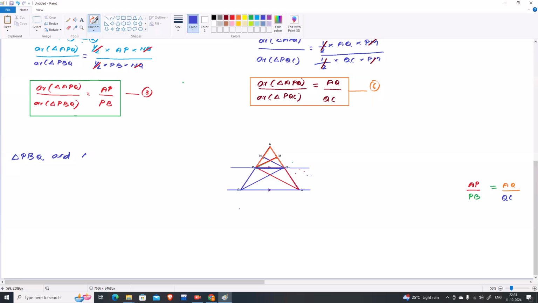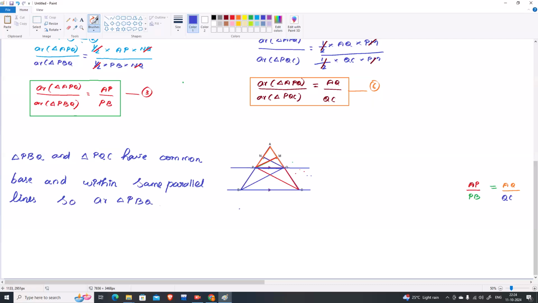triangle PBQ and triangle PQC have a common base and within the same parallel lines, so we can say area of a triangle PBQ is equal to area of a triangle PQC.